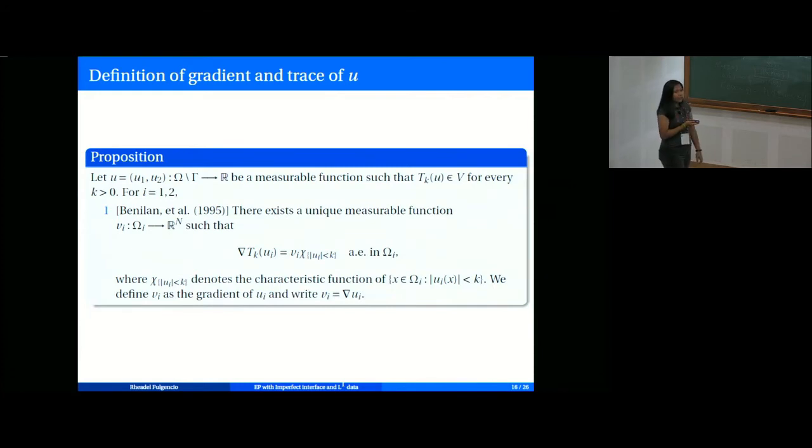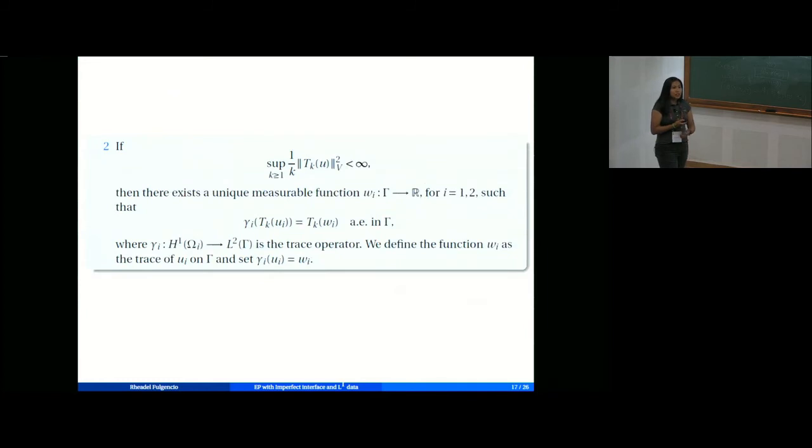For the trace, we have an additional condition that the supremum of 1 over k times the square of the norm of Tk of Ui in V is finite. Then we can find Wi such that the trace of Tk of Ui is equal to the truncation of Wi. And this unique Wi will be the trace of Ui.